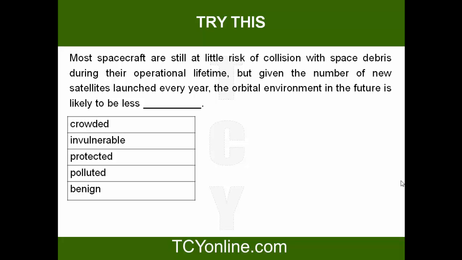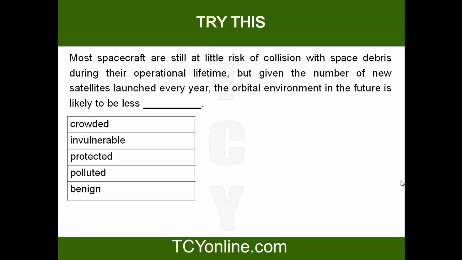Okay, so spacecrafts are not threatened. They do not have any risk during their operational lifetime. So the environment for the spacecraft during their operational lifetime is more or less harmless. Okay, or it's safe maybe. Now observe this. But is a contrast signal. It indicates a shift.